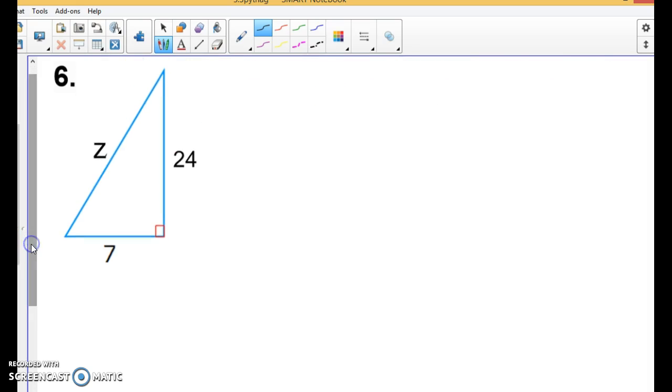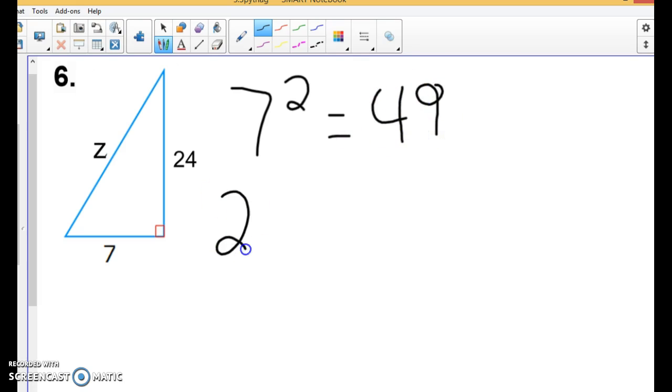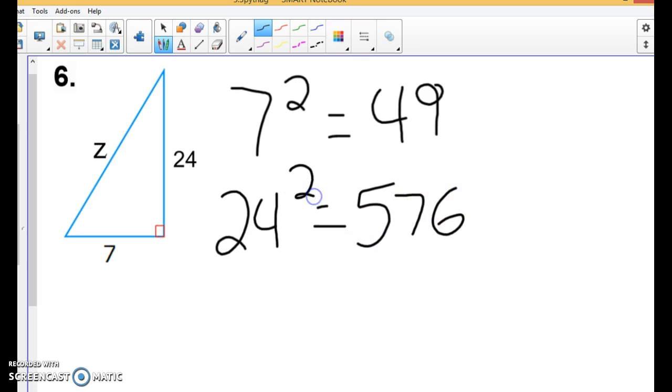Here, again, I'm finding the hypotenuse. So I have 7 squared, which is 49, and 24 squared, which is 576. I need to figure out what c squared is.